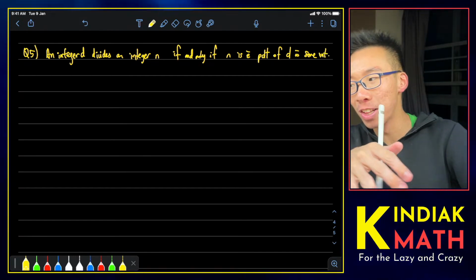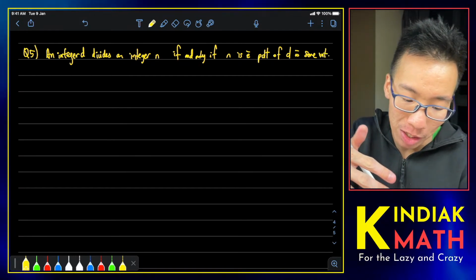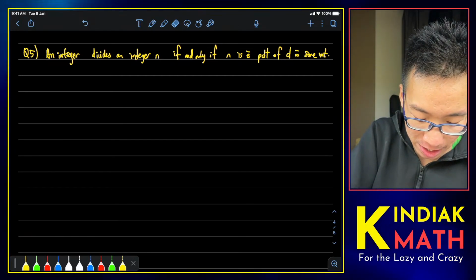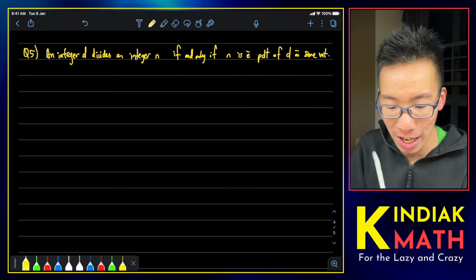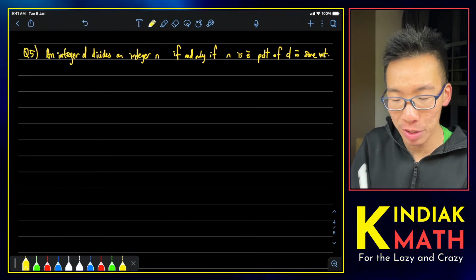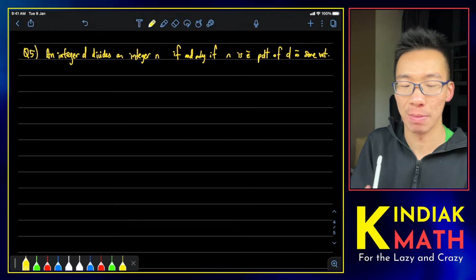And this looks really long and convoluted, but we can try to break down this expression here. So the idea is an integer d divides an integer n precisely when, if and only if, n is the product of d with some integer.